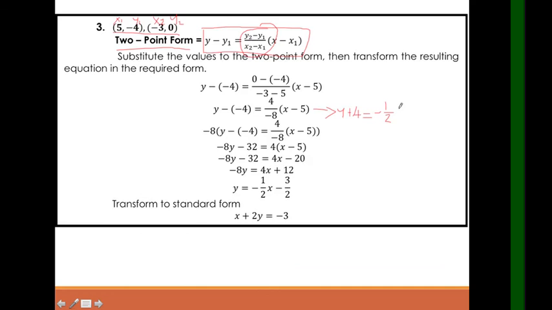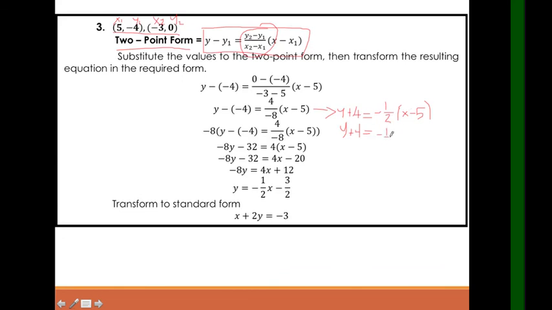And then, we have x minus 5. So, then we have y plus 4 equals negative 1 half times x is negative 1 half, of course, no?